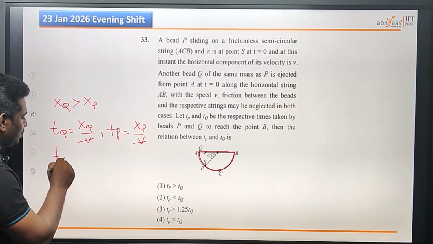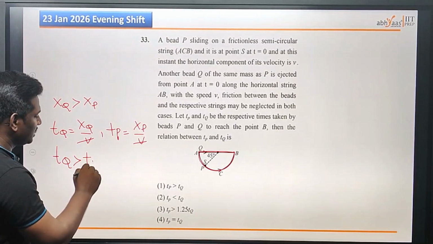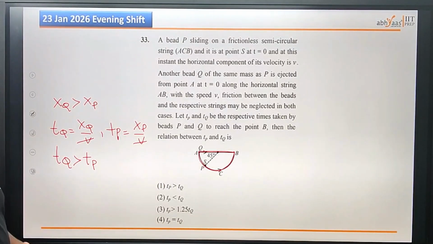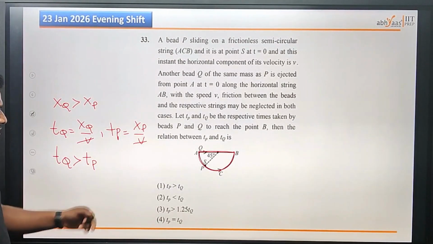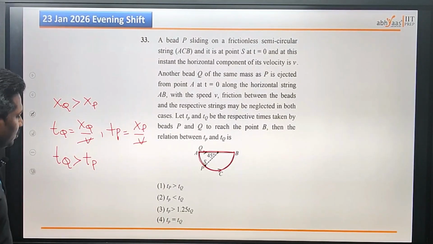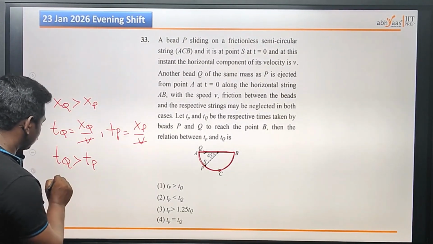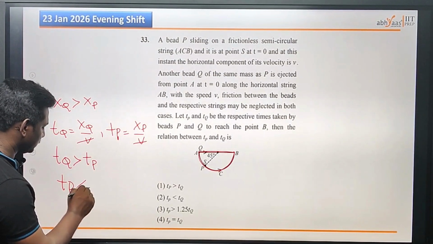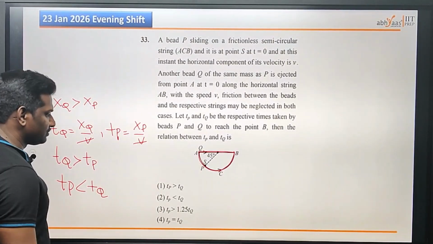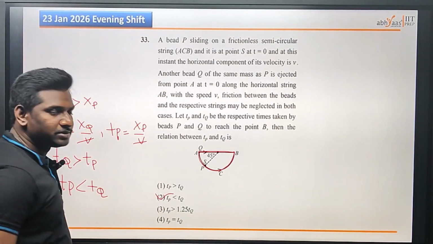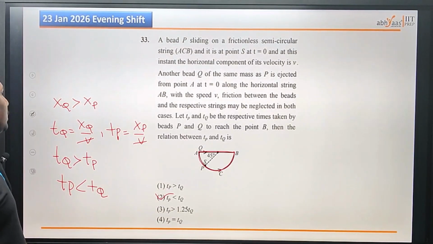Similarly, TQ is greater than TP. Observe the options: TP is less than TQ. This is our option. Option 2 is the right answer.